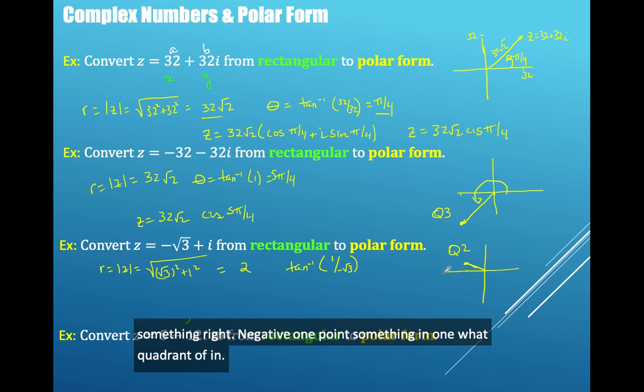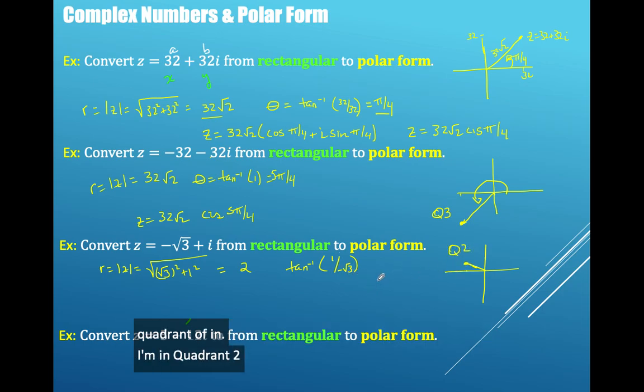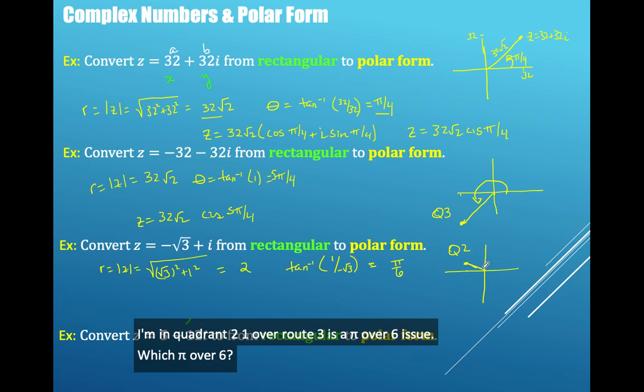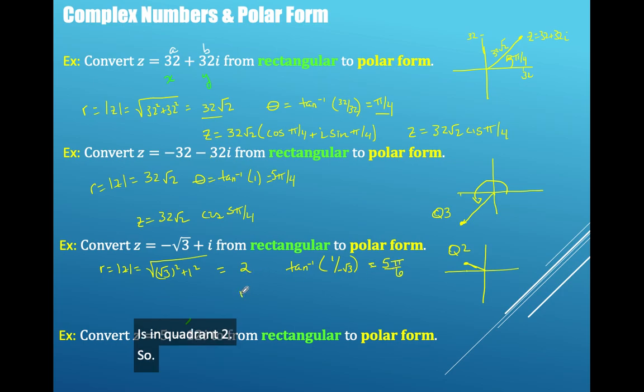I'm in quadrant 2. 1 over root 3 is a pi over 6 issue. Which pi over 6 is in quadrant 2? So, z is equal to r cis theta.